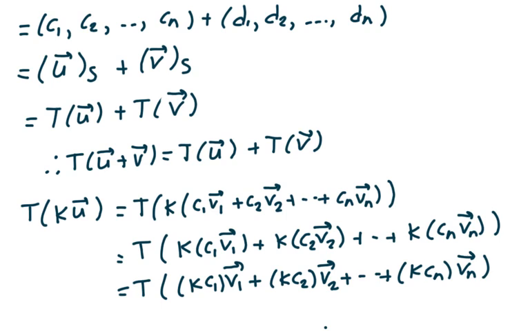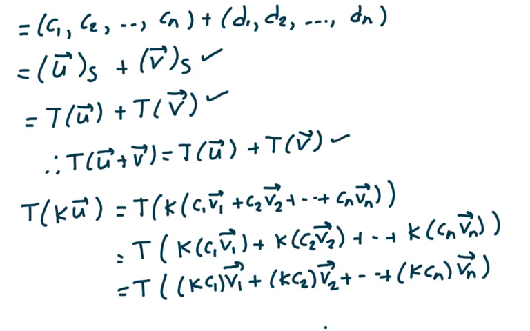But that's the coordinate vector of u relative to S plus the coordinate vector of v relative to S. And that's T of u plus T of v. Let me say that again. We get the coordinate vector of u relative to S plus the coordinate vector of v relative to S. And that's T of u plus T of v. And so T of u plus v is T of u plus T of v.